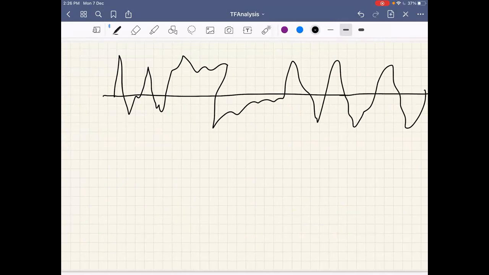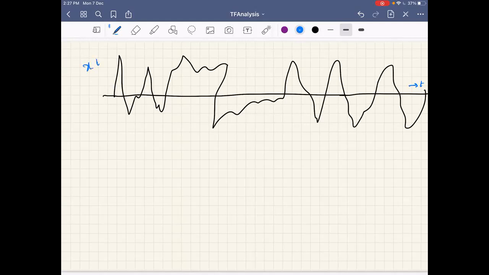At any time instance, if you want to find out what frequencies it has, it may have omega naught, omega 1, omega 2 and so on. These frequencies may be there at any time instance as well. They are not necessarily only at T naught to T1 or T1 to T2 and so on.